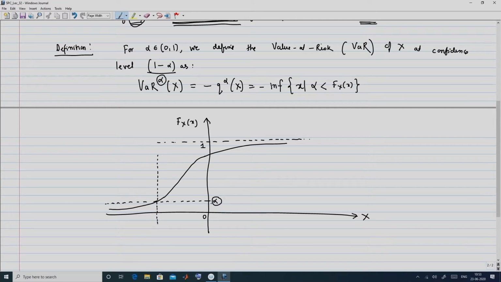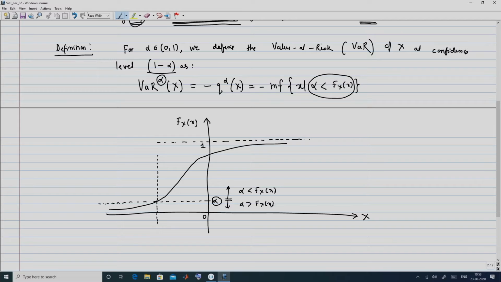So now you observe that, see, this line is the line for alpha. So the region that satisfies the condition that alpha is strictly less than F_X of x, that region is, since your alpha lies above the curve here, this region where alpha is greater than F_X of x, and this region is the region where you have alpha strictly less than F_X of x.